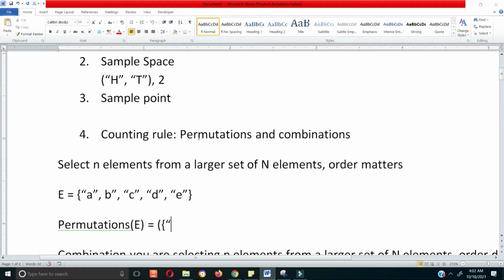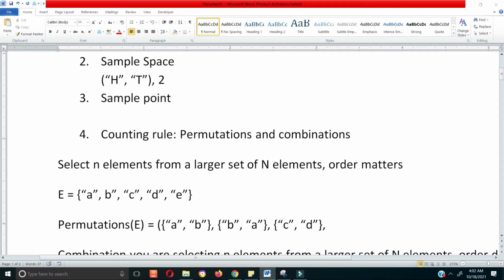For instance, if you're looking for permutations of n equal to 2, you'll have A, B, and you'll also have B, A. And then you'll also have C, D, and D, C, and so on and so forth.